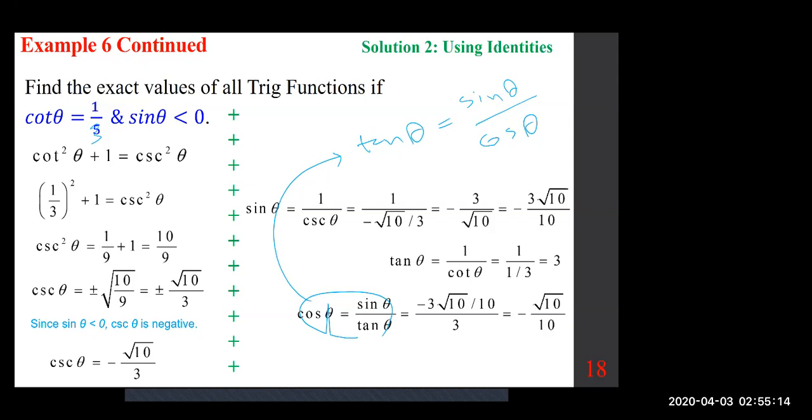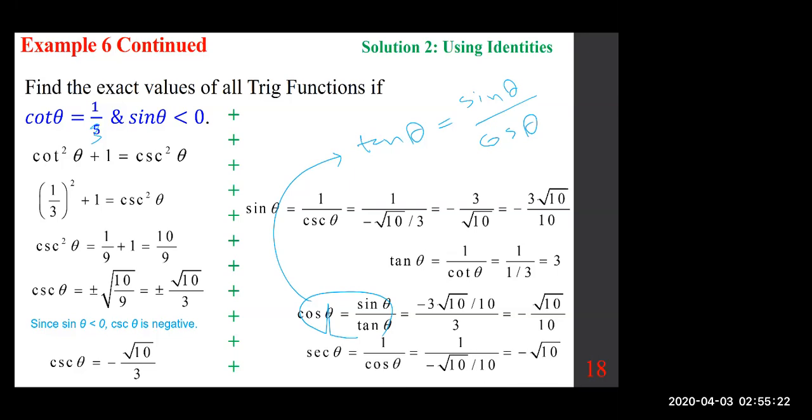This is the fastest way to get that. And secant is just the reciprocal. Make sense? Everybody okay with that, class? Yes. Again, if you have different identities in mind, it's not a problem at all. It's absolutely up to you.